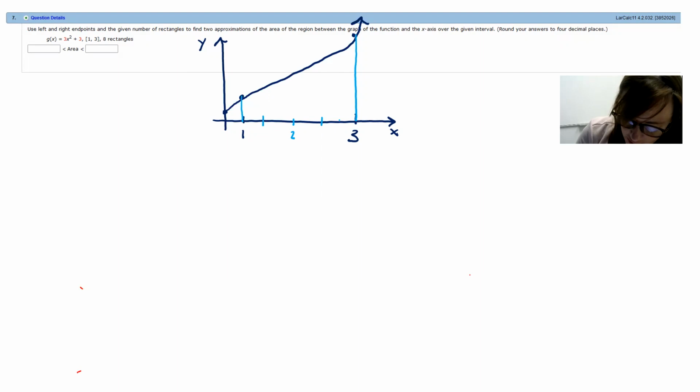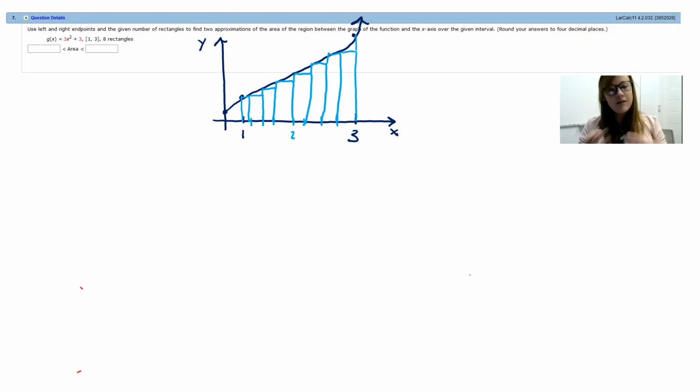Then we have 4 rectangles. We should have 8. 1, 2, 3, 4, 5, 6, 7, 8.